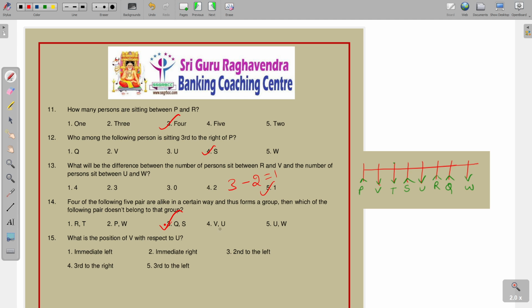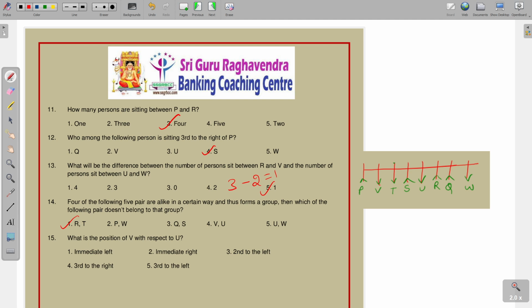S, V and U are the same direction. U and W are the same direction. Q and S are the same direction. So what is the odd one out here? R and T are opposite directions: R is facing north and T is facing south.